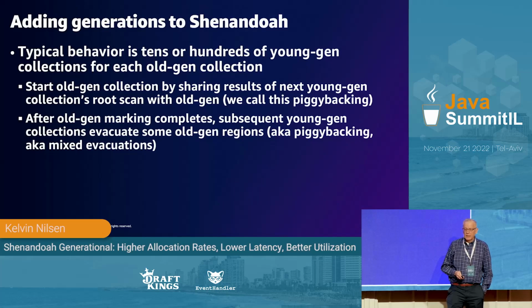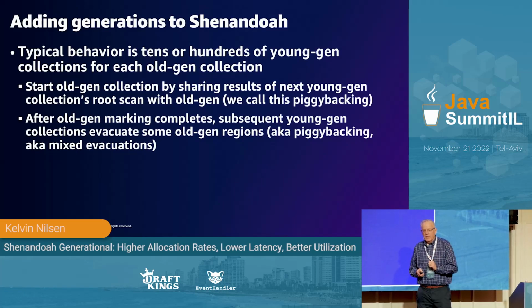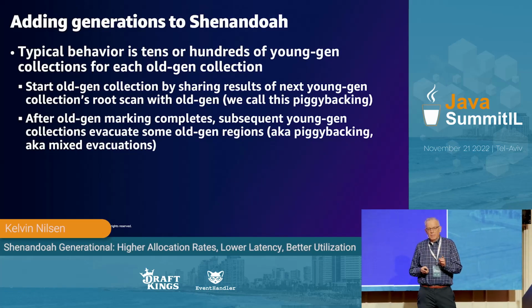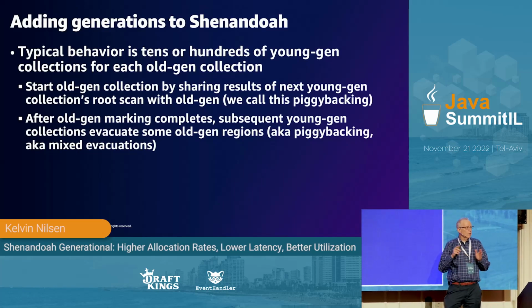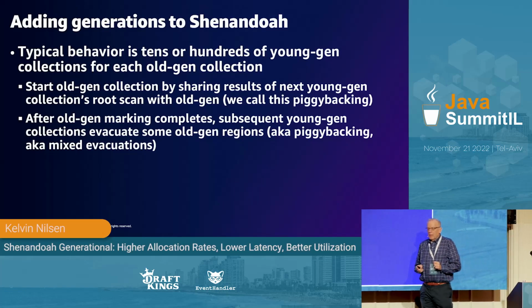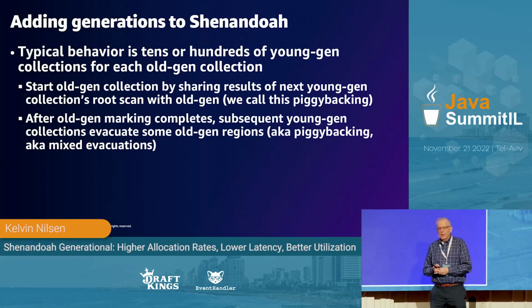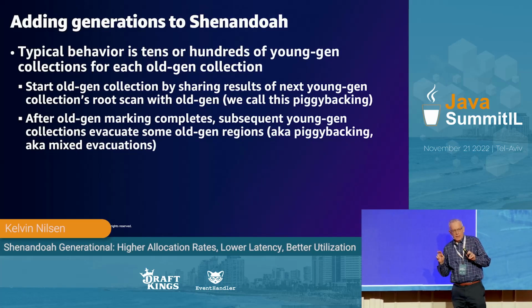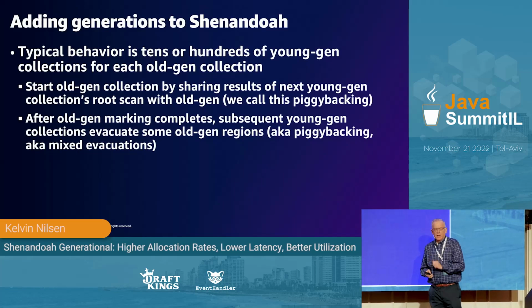What we typically see is that we can complete tens or even hundreds of young gen collections in the time that we need to do one old gen collection. So the way we structure our solution is that when it's time to start an old gen collection, we, I'll say, piggyback on one of those very frequent young gen collections.